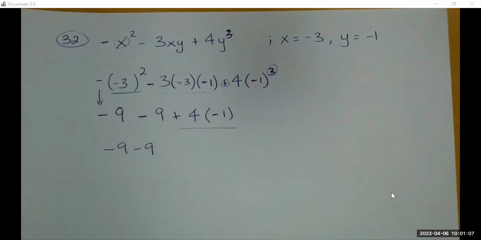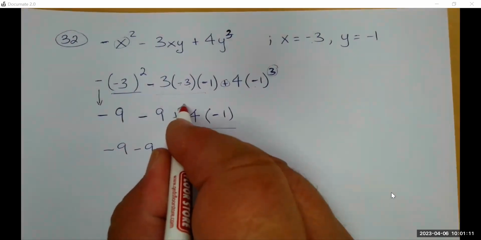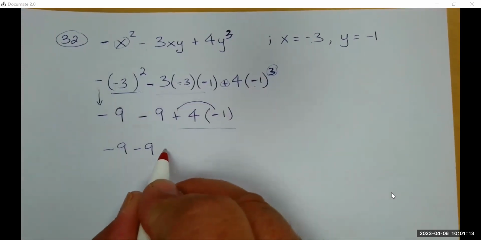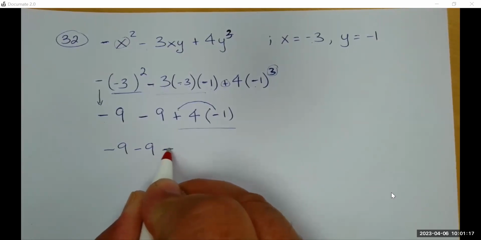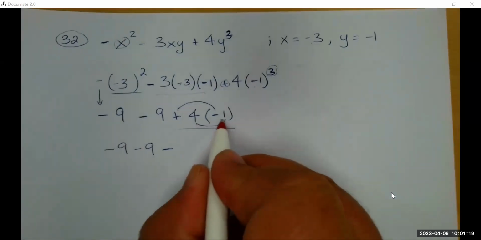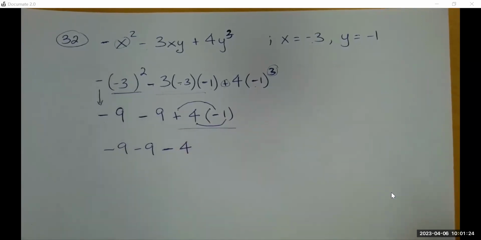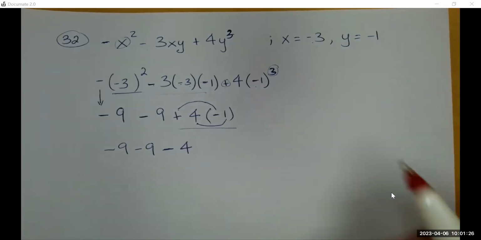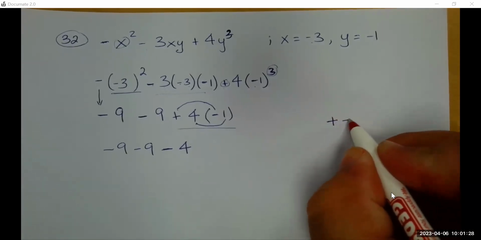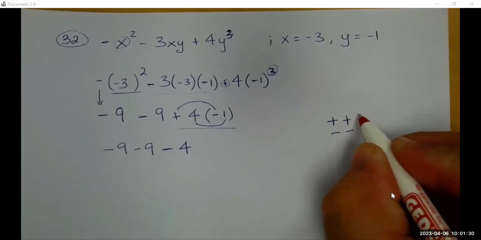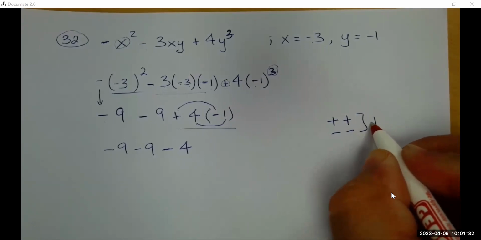So remember, I always tell you guys, treat the numbers and the signs differently. So positive times negative is negative. And then 4 times 1. If you're multiplying, if the signs are the same, it becomes a plus.